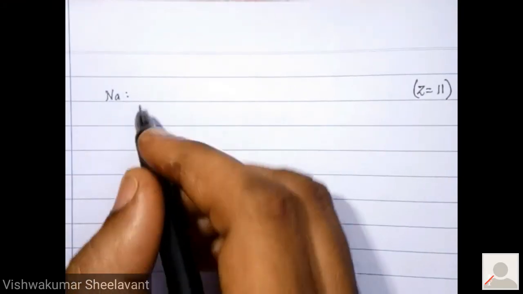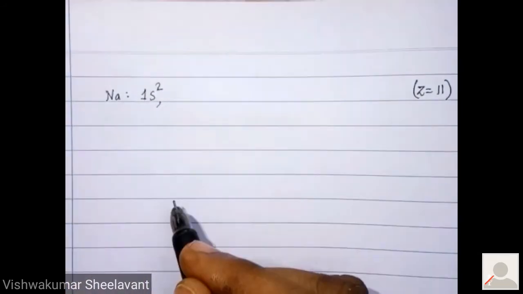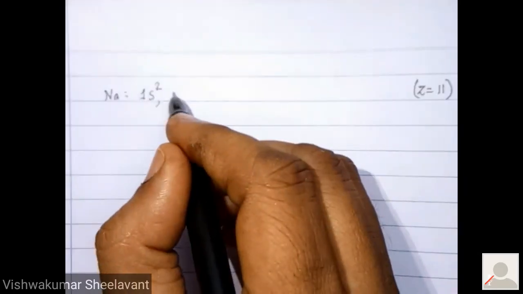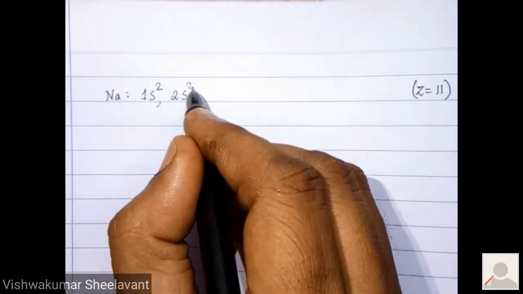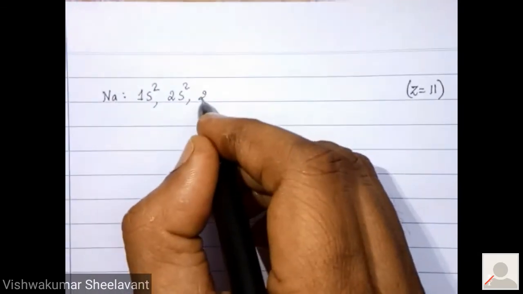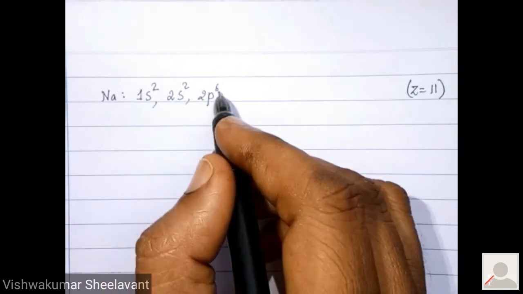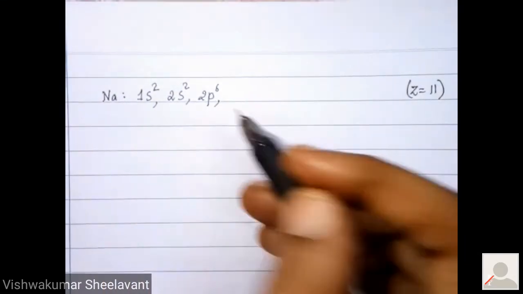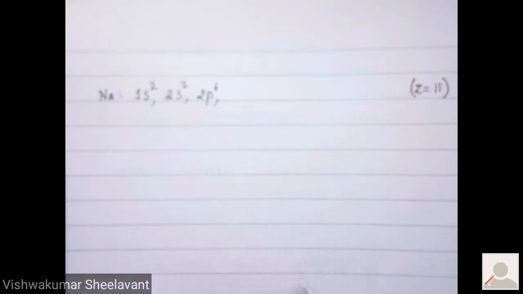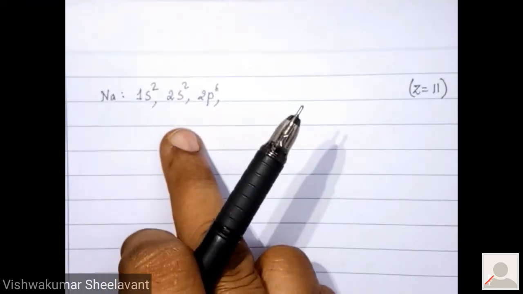Do you remember? 1s square, 2s square, 2p6. 2 plus 2 is 4, 4 plus 6 is 10, 1 is remaining. 2 plus 8 means the second shell is filled.